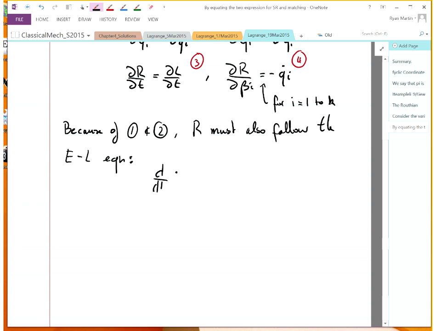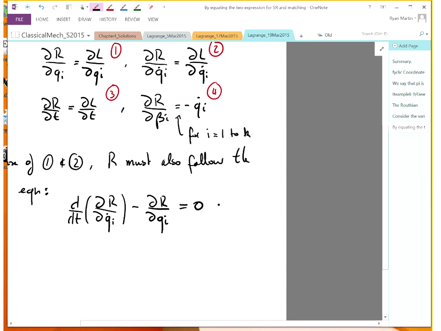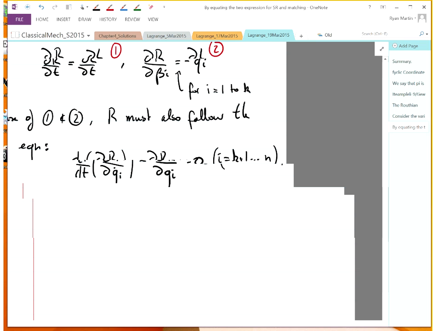So that means that d/dt of ∂R/∂qi dot minus ∂R/∂qi, because those things are literally equal to the L versions, so they're interchangeable, that must be equal to 0. Now it's only, of course, useful for i equals k plus 1 to n. Right? Because R doesn't have any of the qi dots for i less than k.